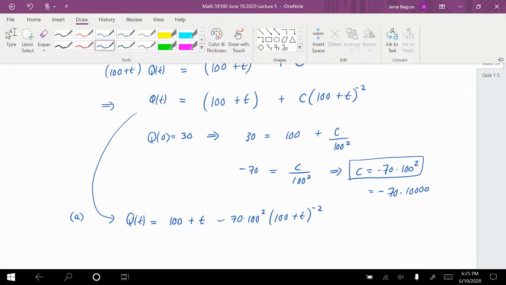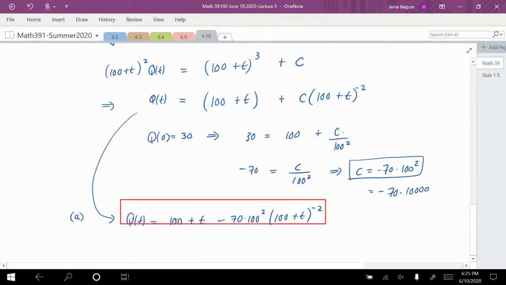So that will be the answer to the first part. Any questions up to here?